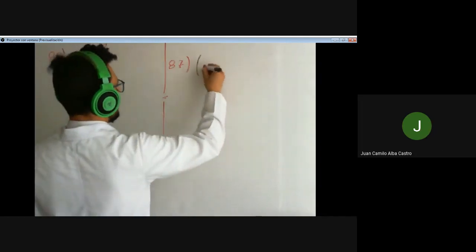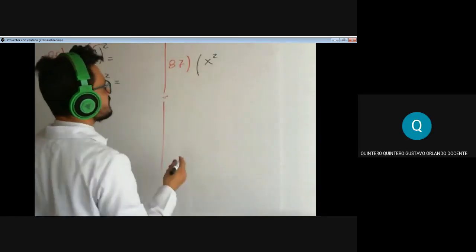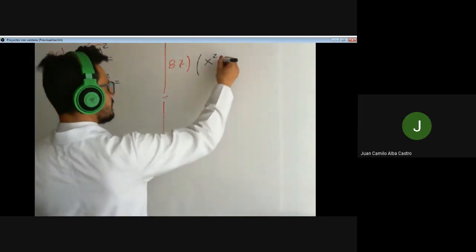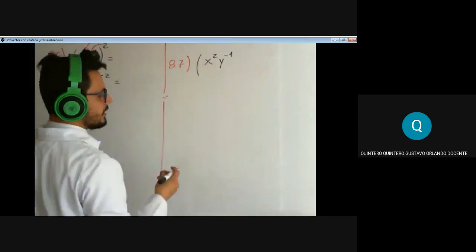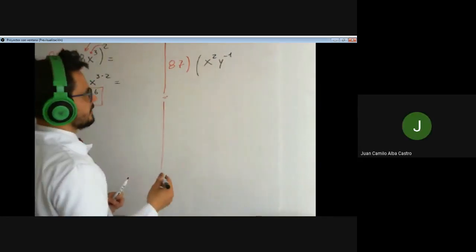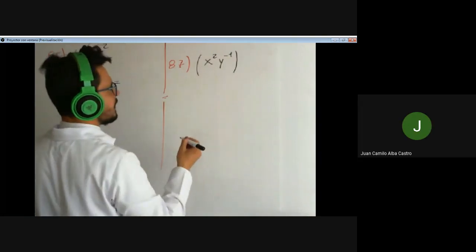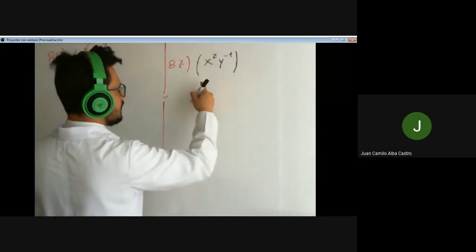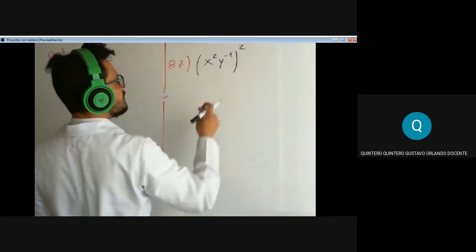Parentheses, x elevated to the second power, y elevated to the negative first power, close parentheses, and all of that to the power of 2. So all of that elevated to the power of 2.